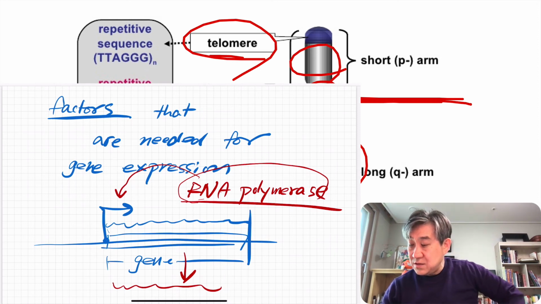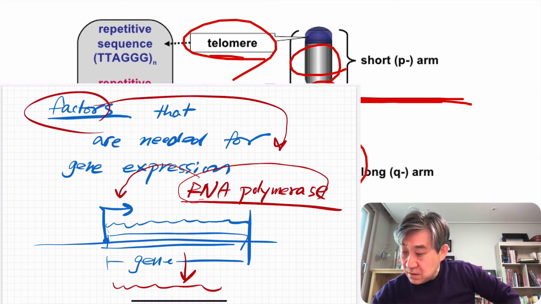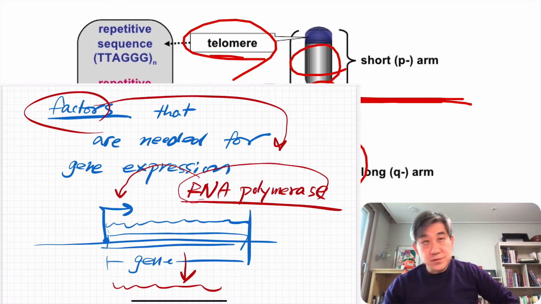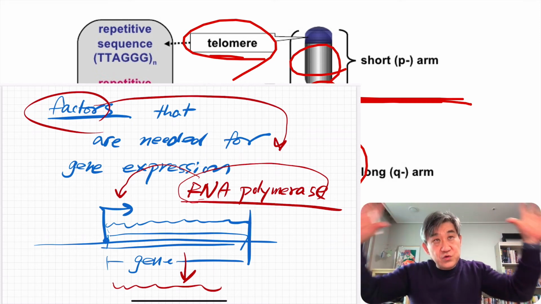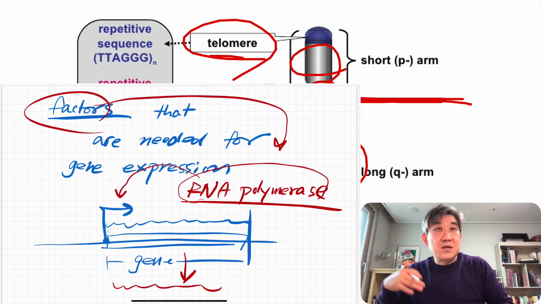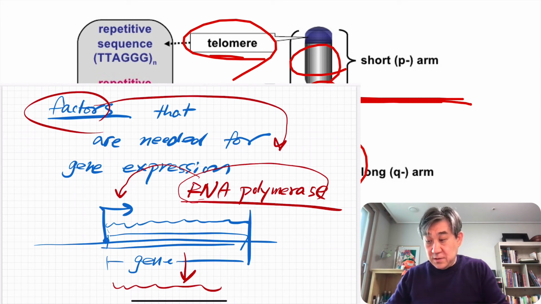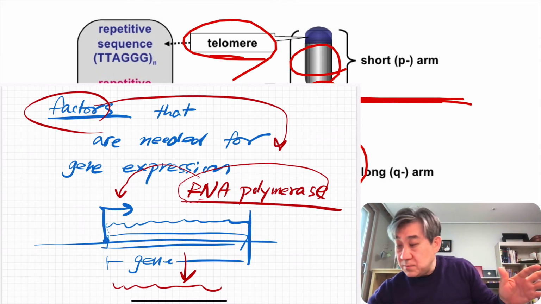Not only the RNA polymerase, but all kinds of other factors must be involved, and all together this entire process can start and be efficiently processed. All those factors are proteins.